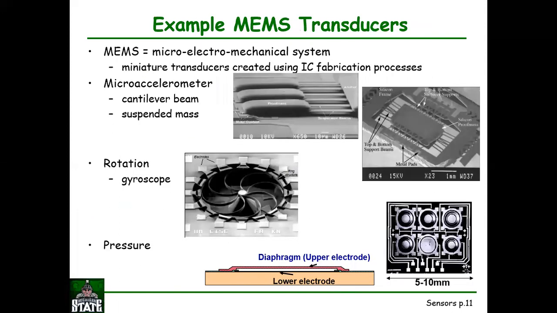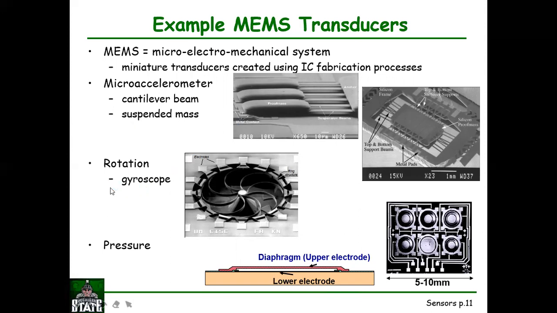Next is your example of MEMS. What is MEMS? MEMS is a microelectromechanical system, miniaturized transducers created using the IC fabrication process. Right, so we are creating MEMS by following some steps of the IC fabrication process. So these are some examples of your MEMS transducers. Micro accelerometer: cantilever beam is there, suspended mass is there.